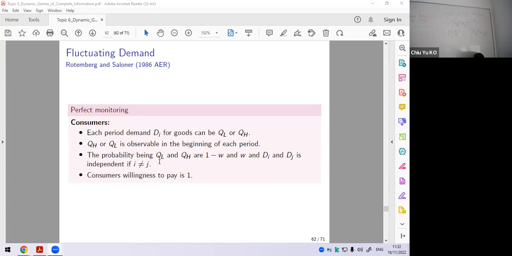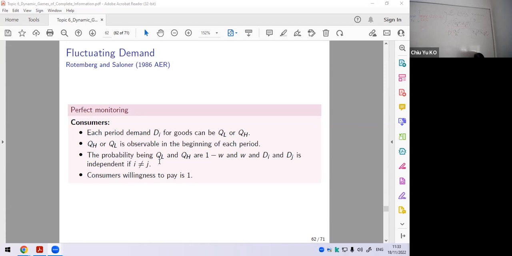The only difference in this model is that the environment is stochastic. Before, we had the common model, where the demand P is 1 minus Q, or A minus Q. This is stable every period.